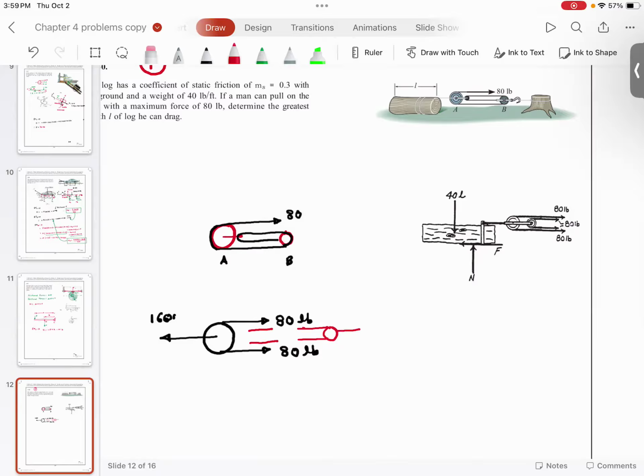So you are going to have 80 and 80 on either side. So you are going to have 80 here. So draw this free body diagram, and remember, because of the pulley, you get mechanical advantage, and then this problem is similar to the plate problem that we have solved.